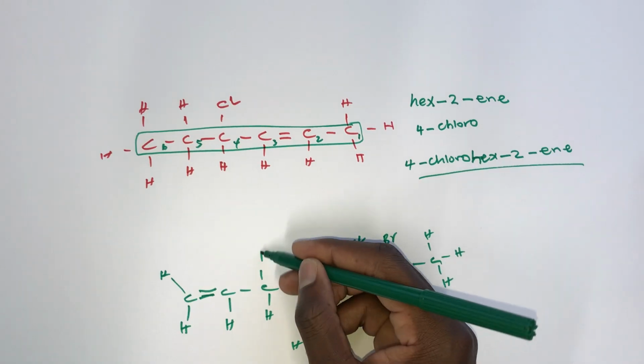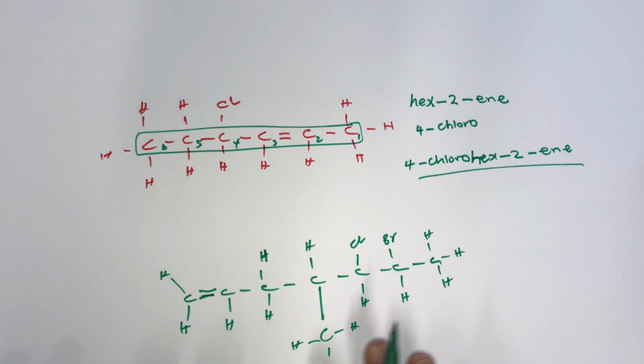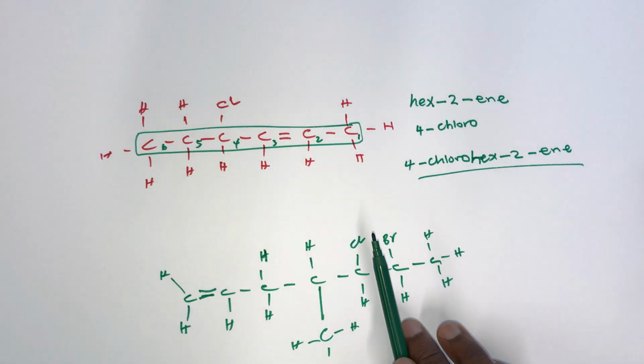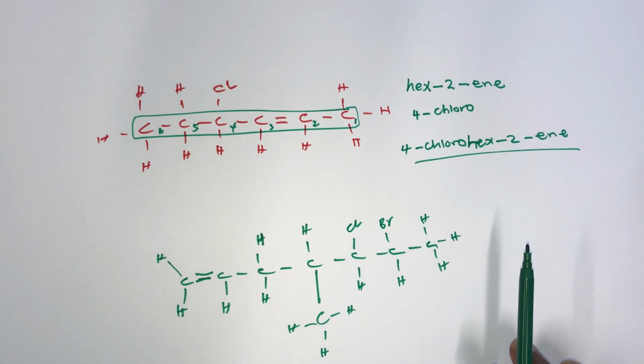All right, sorry. So now this is the structure. We have the bromine and the Cl, and then also the branch here.